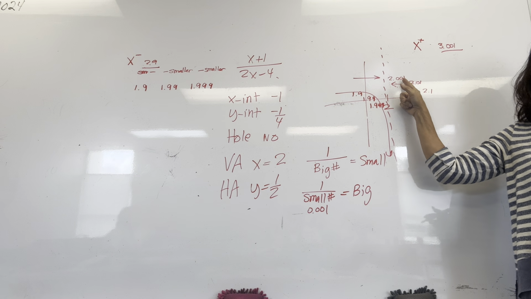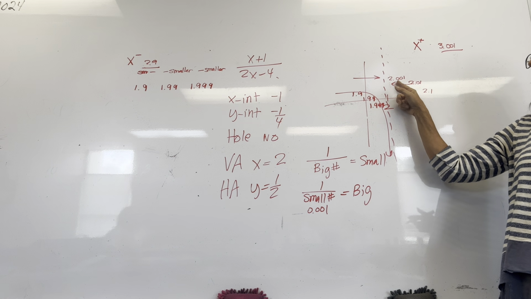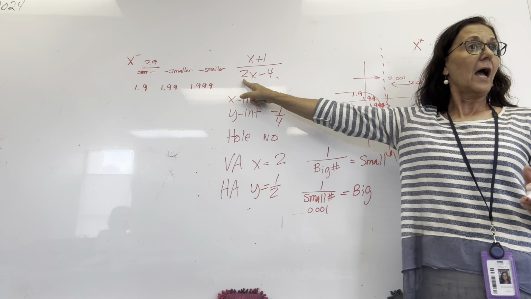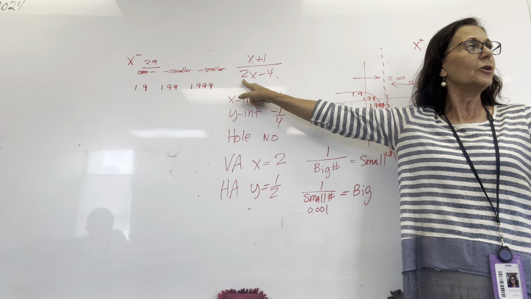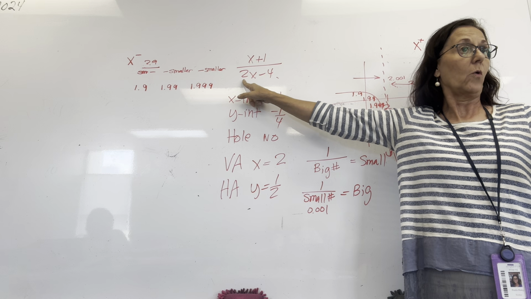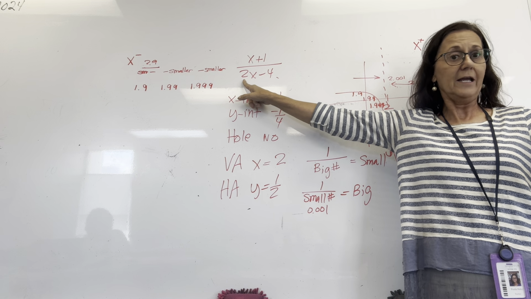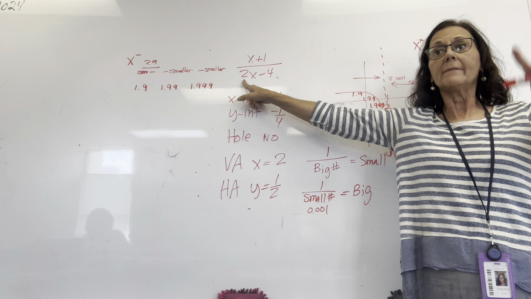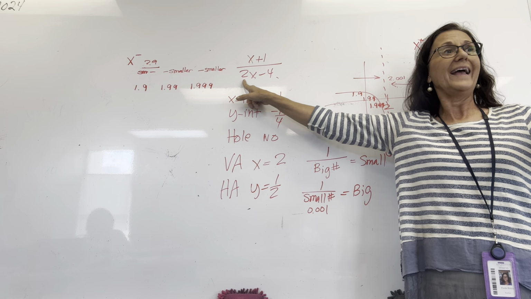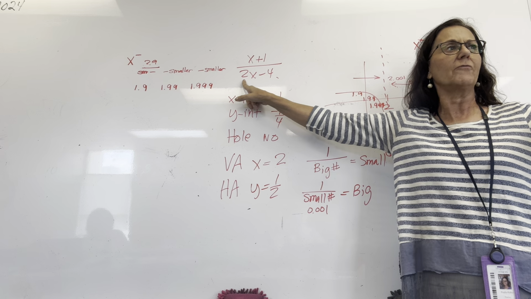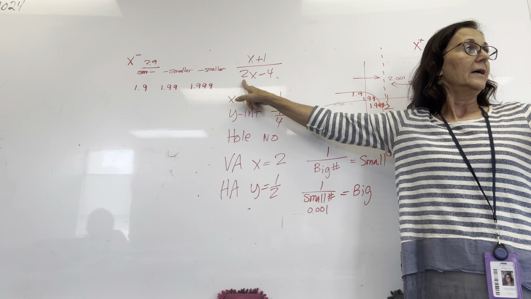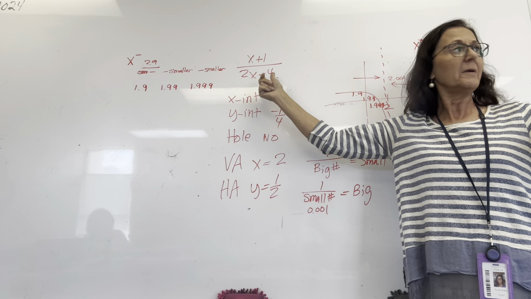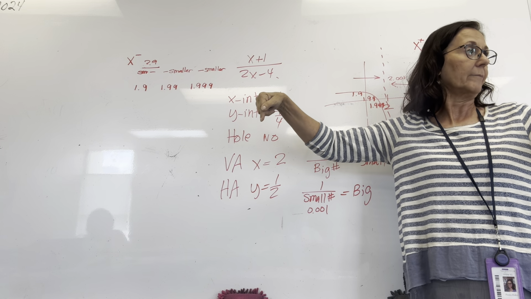Now, 2.001 times 2 is just going to be a little bit over 4. Do you agree? 2 times 2.001 is a little bit over 4, right? So when I subtract 4, it's going to be a very small positive number.